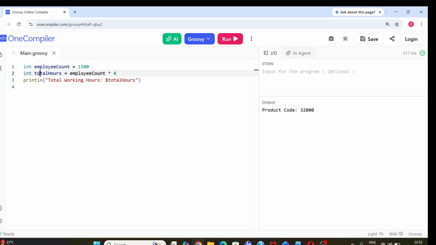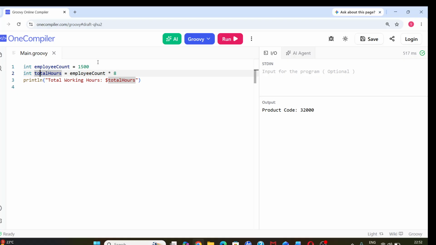Then we have int totalHours is equal to employeeCount multiplication 8. Here we are declaring another integer variable called totalHours. On the right hand side we are multiplying employeeCount by 8, and this symbol is the multiplication operator.